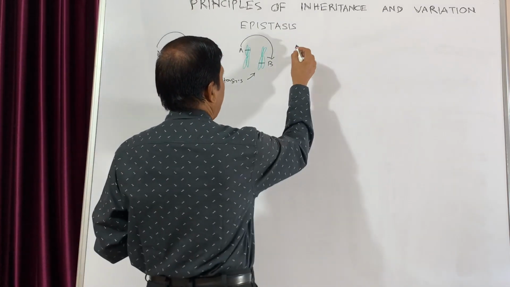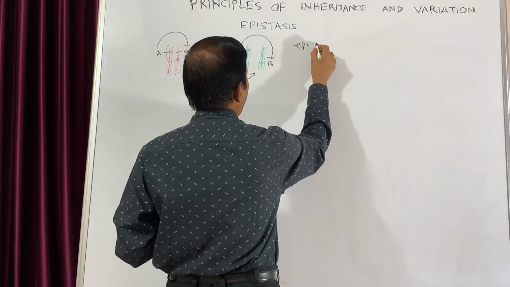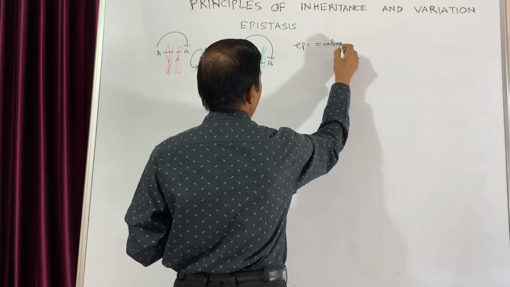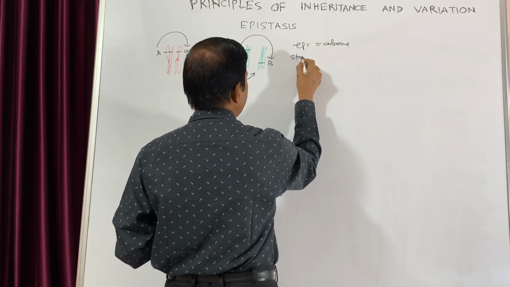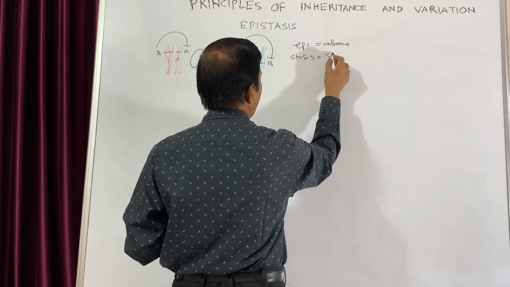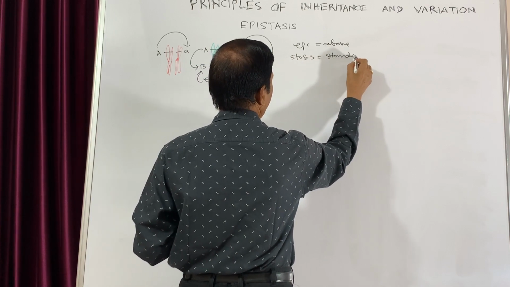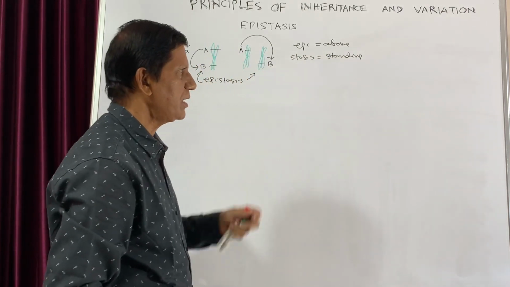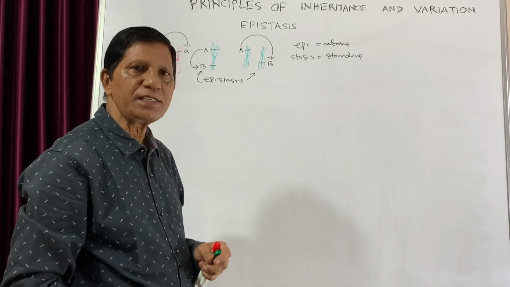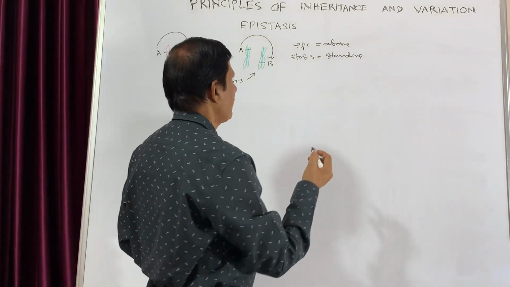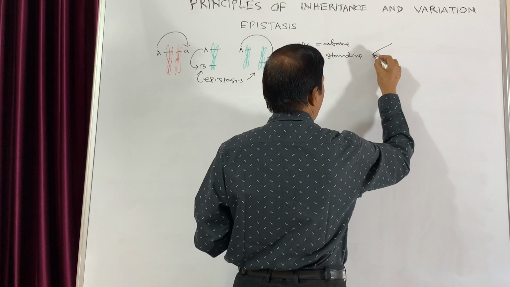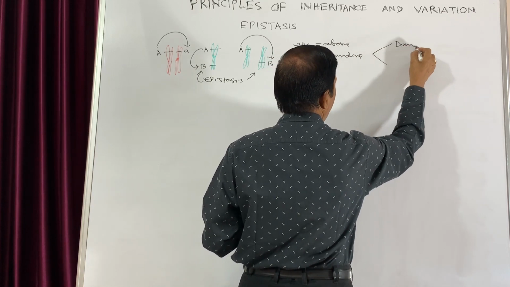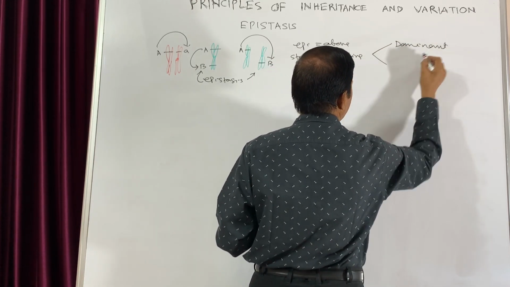And in epistasis, epi means above and stasis means standing. Now this epistasis is again of two types. It may be dominant epistasis or it may be recessive epistasis.